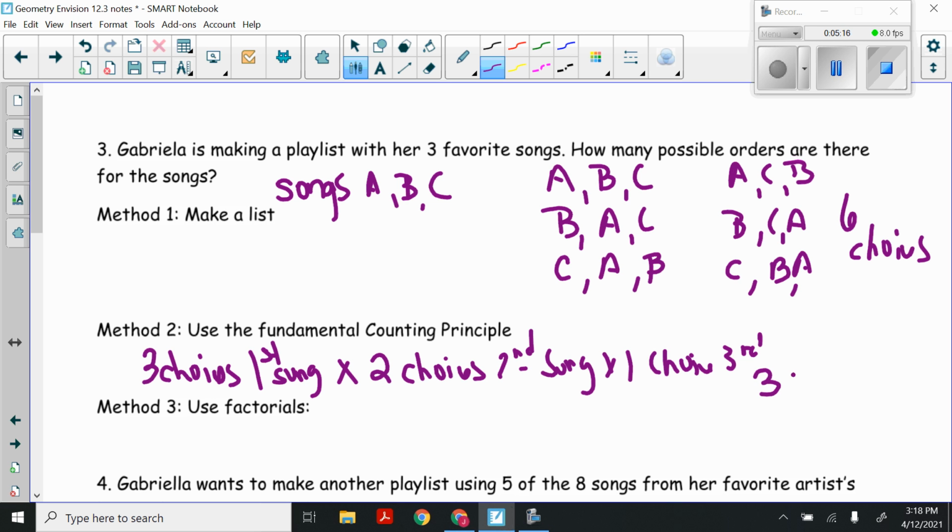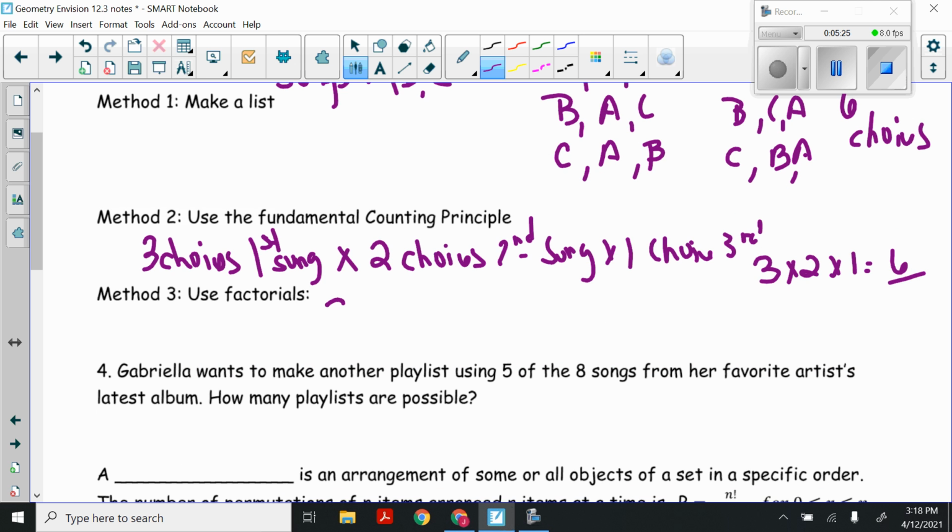So that gets us 3 times 2 times 1, which is still 6 choices. Then we could use factorials. So 3 factorial, and this is where in class I will show you how to do this in your calculator. Your calculator will do this for you. You'll find the factorial button, again, that looks like that exclamation point. So you would type in 3 and then that factorial button, and it will tell you that it, again, is 6 choices.